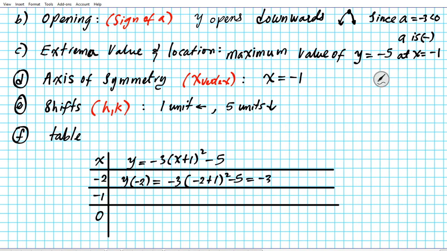We have -3 times -2 plus 1, which is -1, squared, minus 5. -1 squared is just 1, so we have -3 times 1 minus 5, and that's just -3 minus 5, which is -8. Okay, so that is what our output value will be when x is equal to -2.